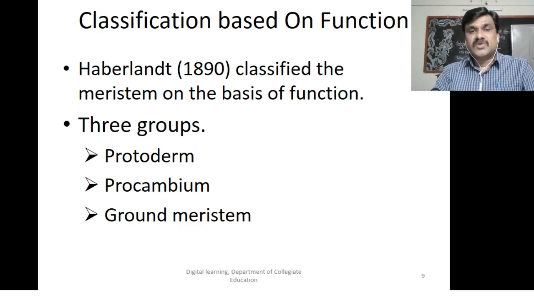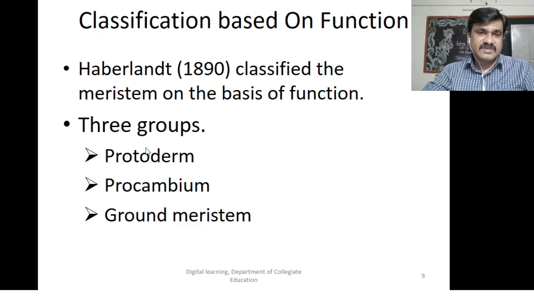They are protoderm, procambium, and ground meristem. We'll discuss one by one. Protoderm. The name itself indicates it. Proto means primary or primitive. Derma means layer.